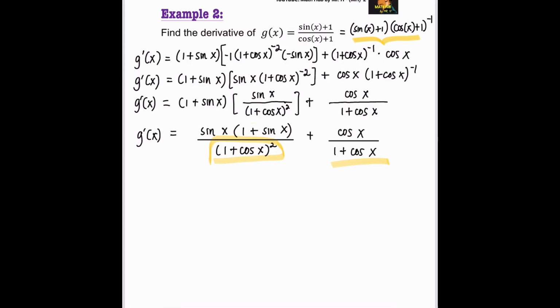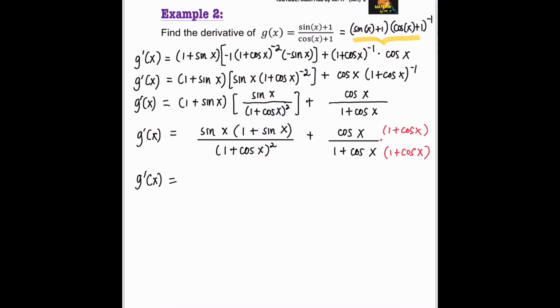So that means in order for this to be the same as this one, we need to multiply both the numerator and the denominator by 1 plus cosine x, right? So we multiply this by 1 plus cosine x as well as the numerator. And then we carry on, so g prime of x.